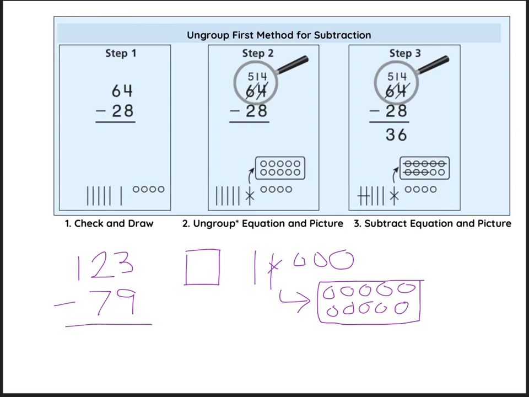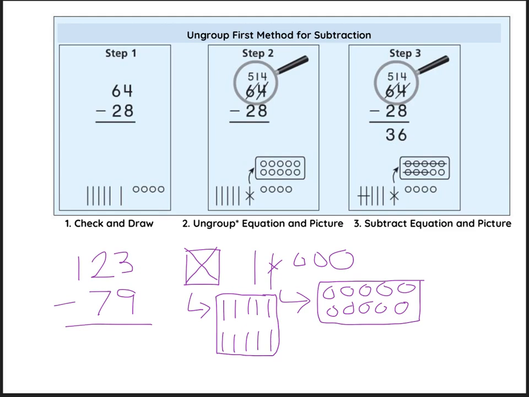I also need more tens because I need to subtract 7 tens. So I'm going to ungroup my 100, and I'm going to change that into 10 tens, which is equal to 100, but now I have enough tens. And I'm drawing a box around these so I can really help to see them.